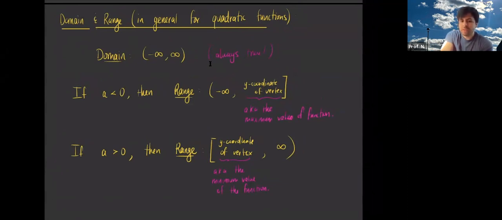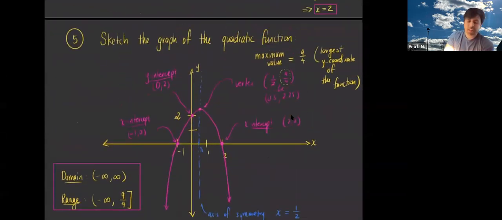Tanzilla, why isn't the range negative infinity to 9/4 union 9/4 to infinity? Well, let's go back. If you look at the graph of the quadratic that we're starting with, we're only looking for the y values of this function. This is the maximum y value, right? Isn't 9/4 the maximum? What does the word maximum mean? There's no bigger number. So I cannot include anything above 9/4 since it happens to be the maximum.